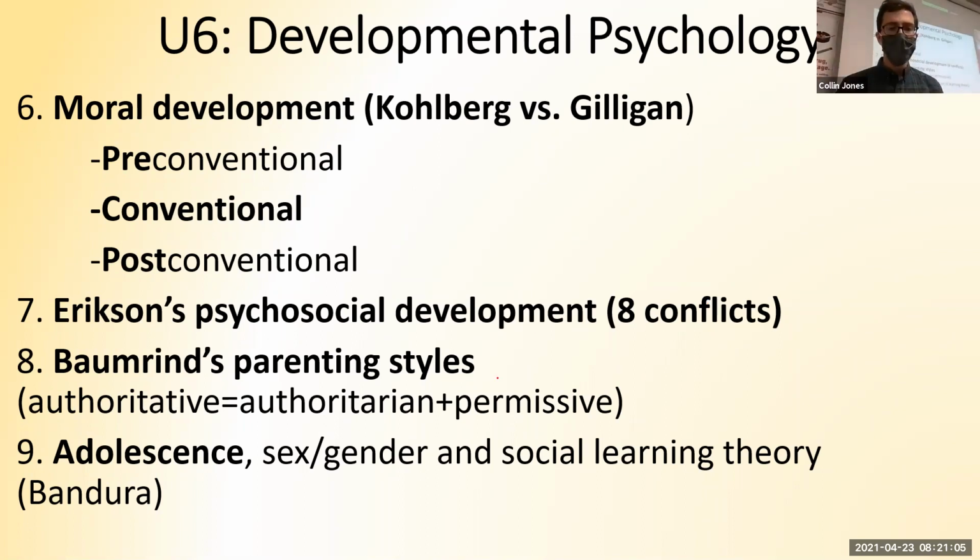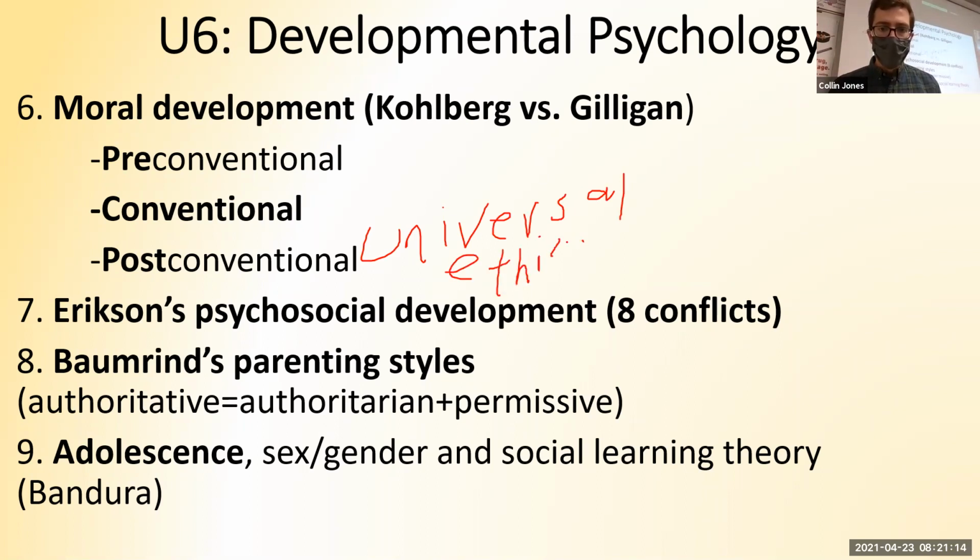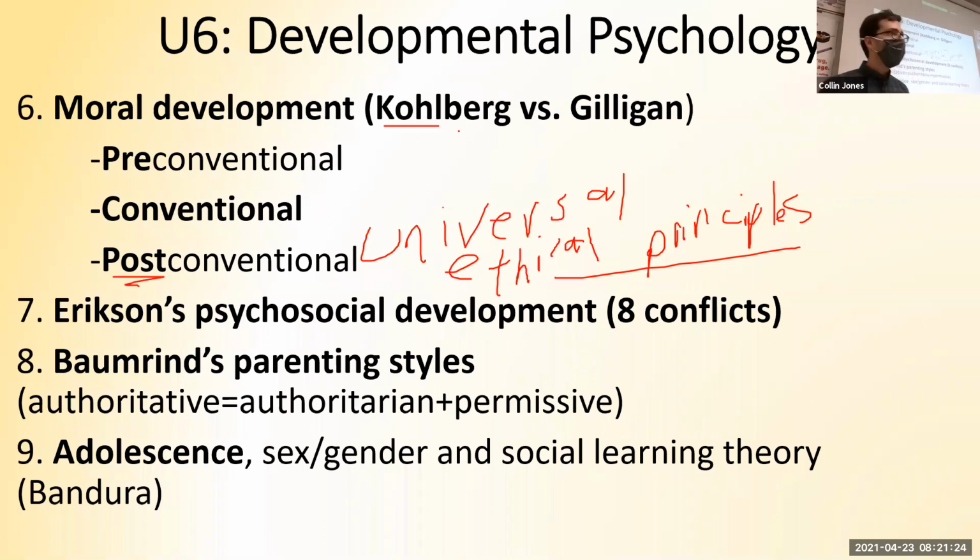You believe in what were called universal ethical principles. This idea that not only should you save your wife, but you should be willing to break the law to save anybody because human life is sacred. That's the most moral answer according to Kohlberg, right? When I think about Kohlberg, coal, I think about Santa Claus, you get coal if you're bad. Kohlberg was measuring whether you're good or bad. That's the mnemonic that I use, okay?